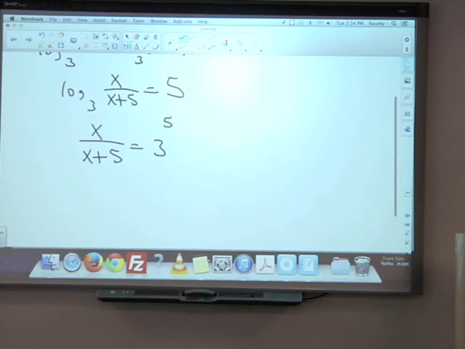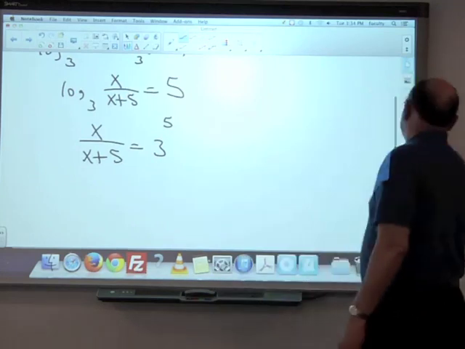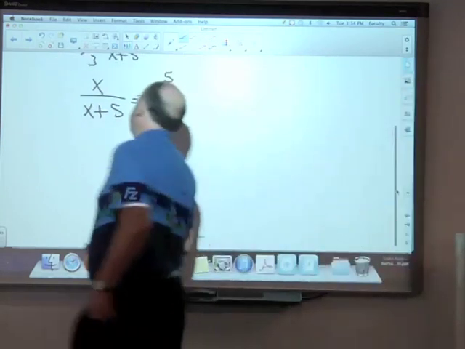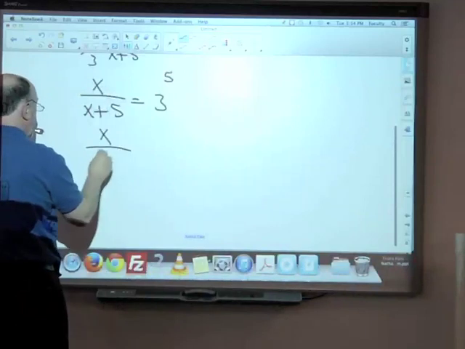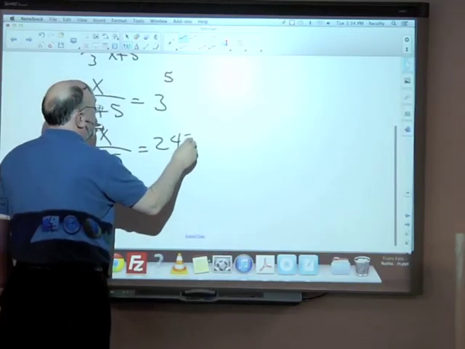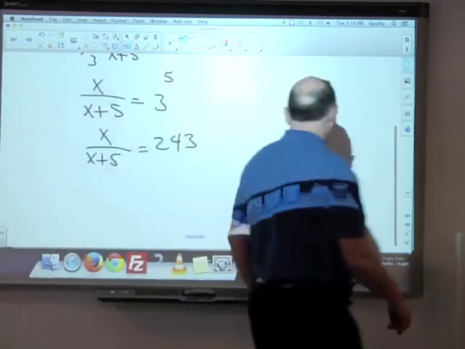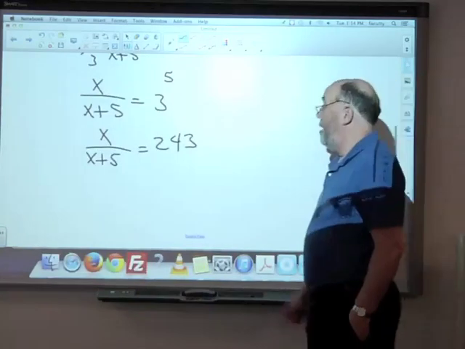Okay, so we can find out whatever 3 to the 5th is. 243. So we get x over x plus 5 is going to equal 243. Can you cross multiply this now?